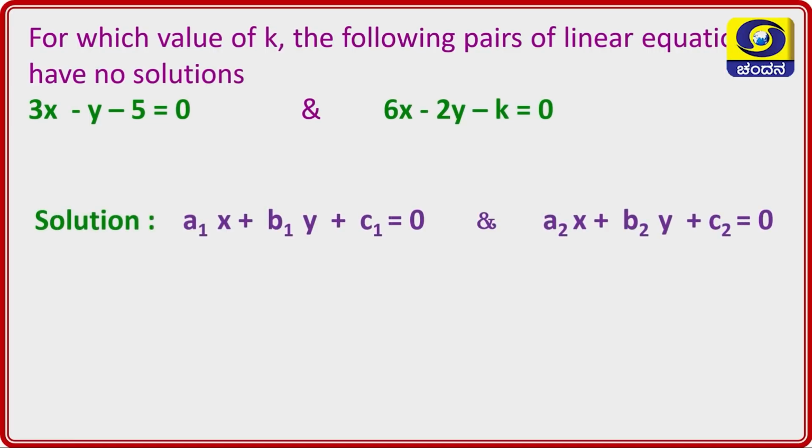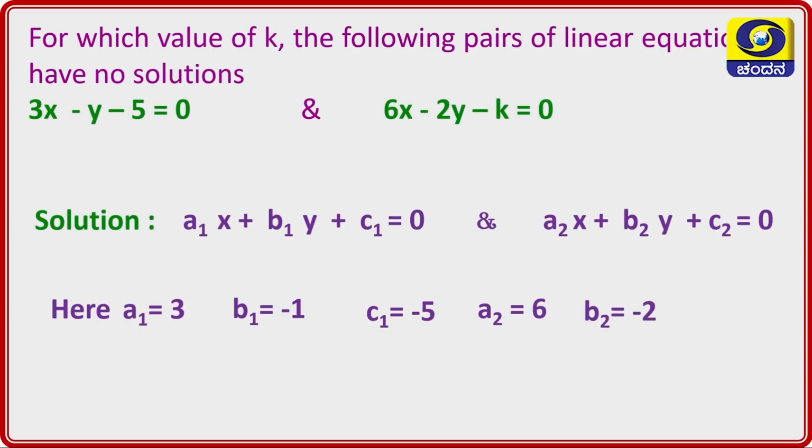The standard equation is like this: a1x plus b1y plus c1 is equal to 0, a2x plus b2y plus c2 is equal to 0. Here the value of a1 is 3, b1 is minus 1, c1 is minus 5. Again, a2 is 6, b2 is minus 2, c2 is minus k.